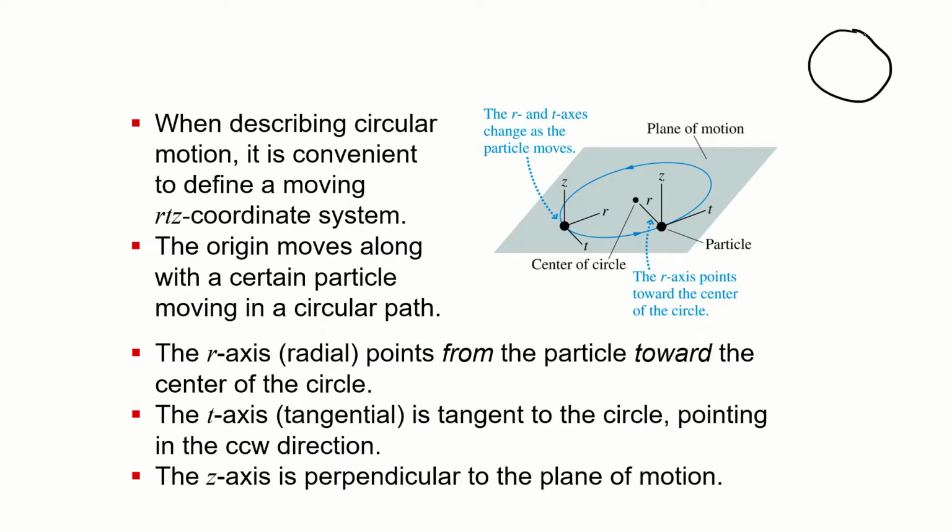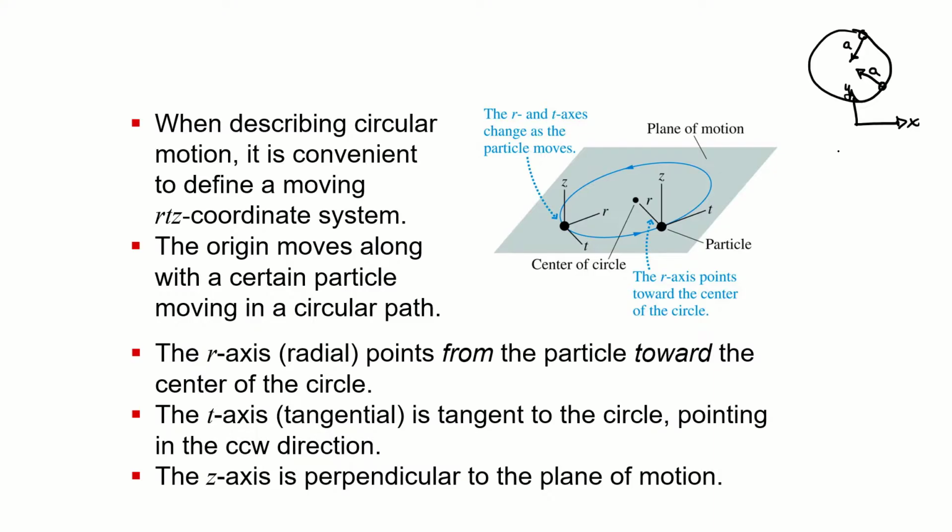So if we're here, we have an acceleration pointed that way. When the object's here, it's pointed that way. And in our x and y coordinate system, this acceleration is constantly changing, so it's a difficult thing to handle.